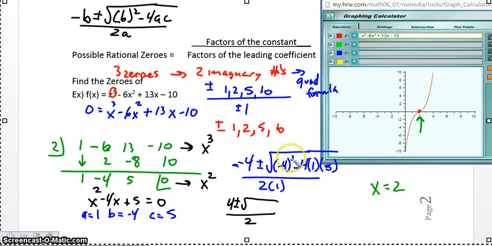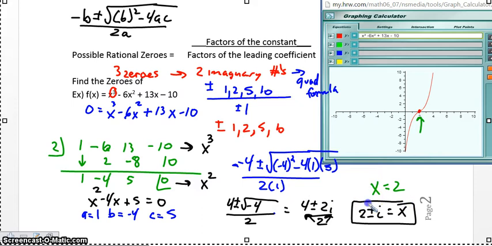I know that this is going to be 16 minus 20, so that'd be negative 4. And I know the square root of negative 4 is 2i. And then I can divide each of these individually by 2, and I'd end up with 2 plus or minus i. And so that's going to give me then my second and third zeros.